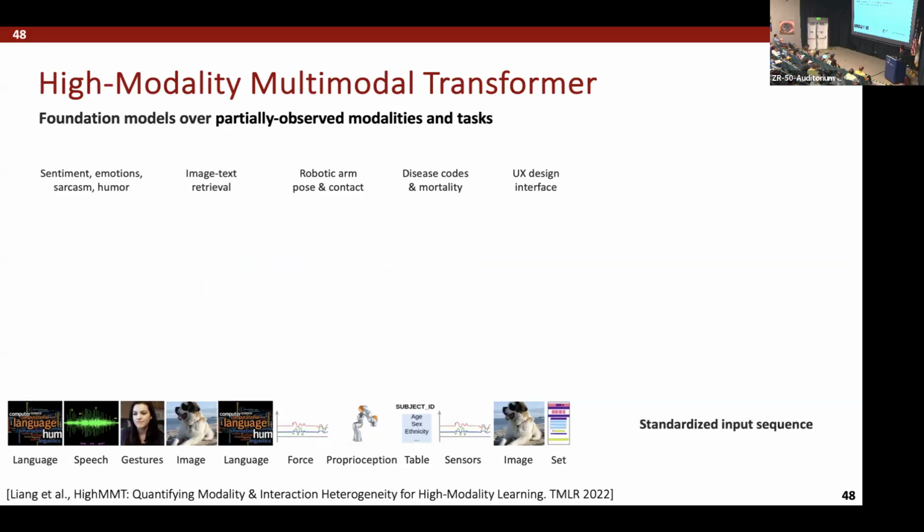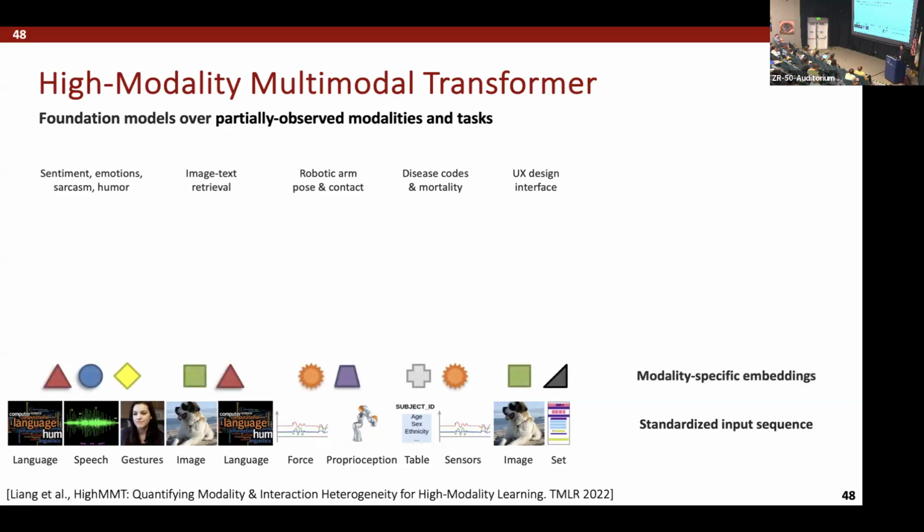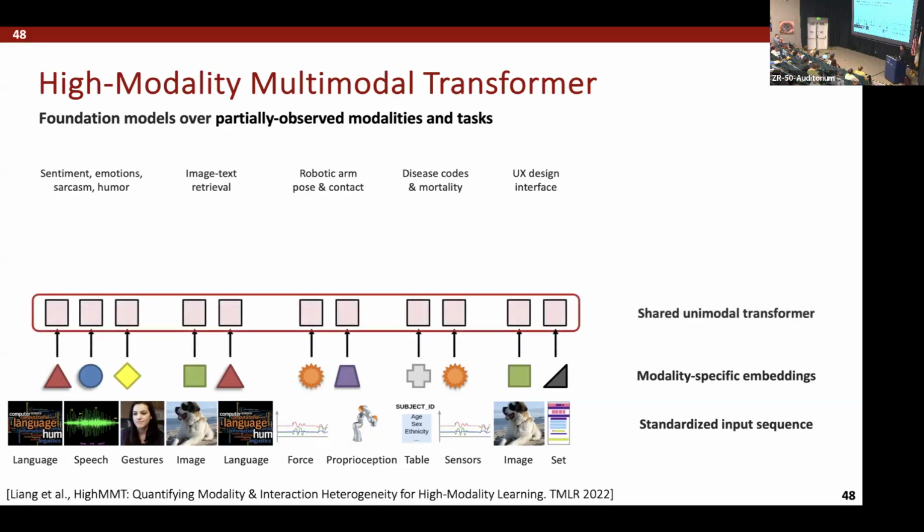All of these data modalities can essentially be standardized into a sequence: language through a sequence of words, speech through a sequence of time steps, images through a sequence of patches, and so on. You can apply modality-specific embeddings for each data modality. You can train one shared unimodal transformer that learns the relationships within each modality.